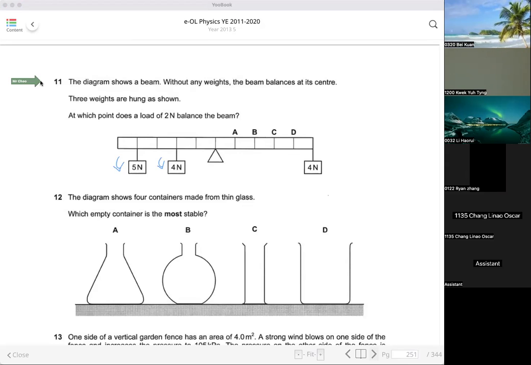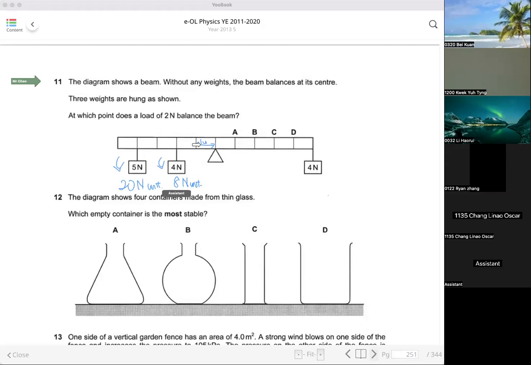I let each of this distance be 1 unit. So the anti-clockwise moment of the 4 Newton is 4 times 2, so it's 8 Newton unit. Then 5 times 4 will give you 20 Newton unit.